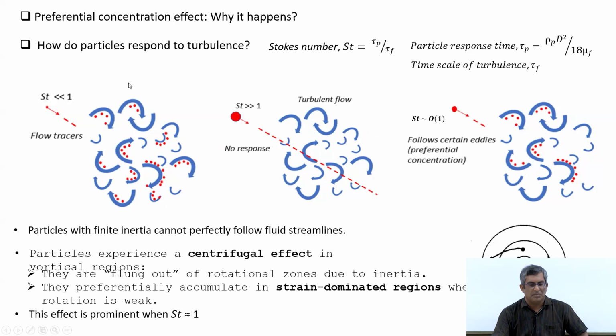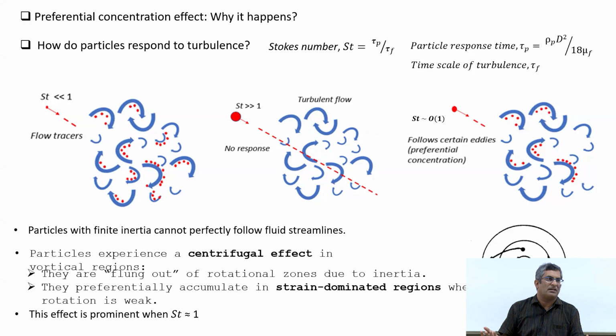Why? Because for the same particle size, the turbulent time scale increases as we move from small scale to large scale eddies. So, in this case, the particles can closely follow the eddy, and we can expect them to be randomly but homogeneously distributed.